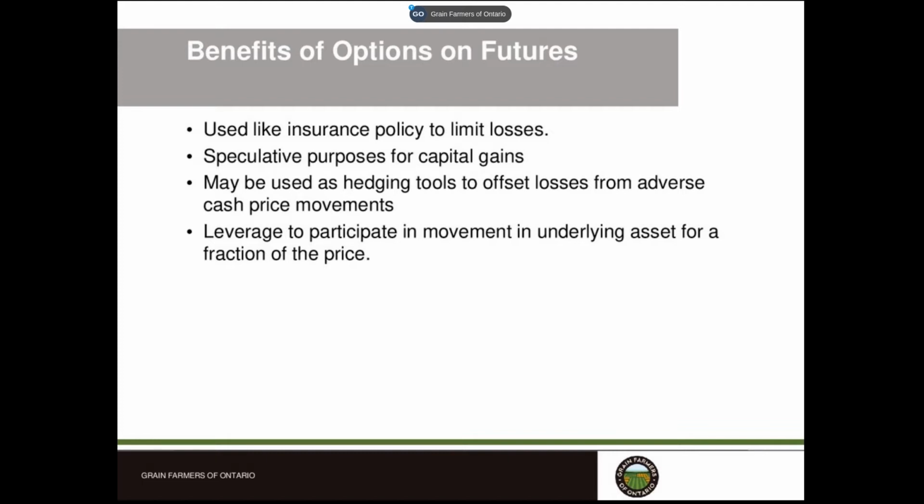So what you might want to do is consider buying a put. And what the put does is it puts a floor in your contract. So for example, if beans are trading at $10, you might say, look, I need to break even, make a little bit of money. So I want to buy protection at $9 out as far as, say, September or October, because that's when I'm going to harvest my crop.